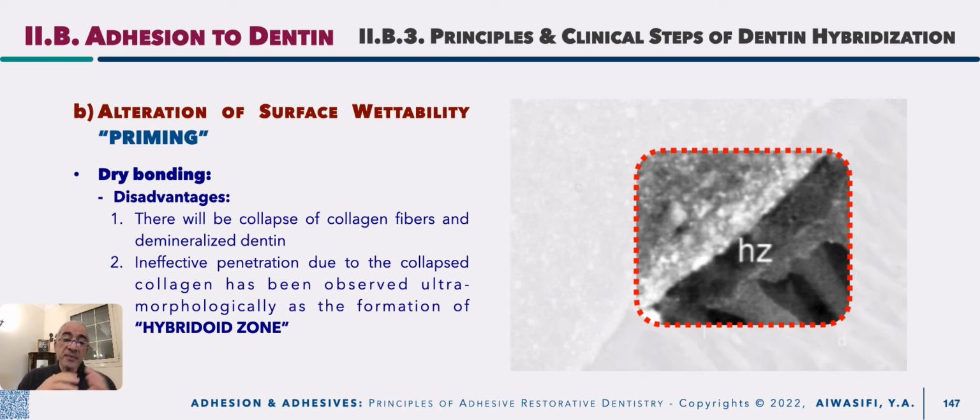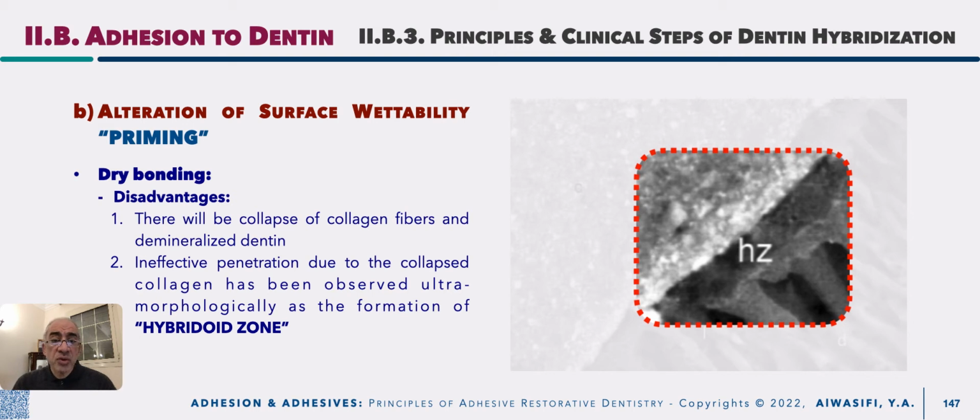This is the wet bonding strategy. If you used a water-based primer, then go for the dry bonding strategy, which includes 2 to 3 seconds of air blast drying before application of the water-based primer. Apply the water-based primer with active application.